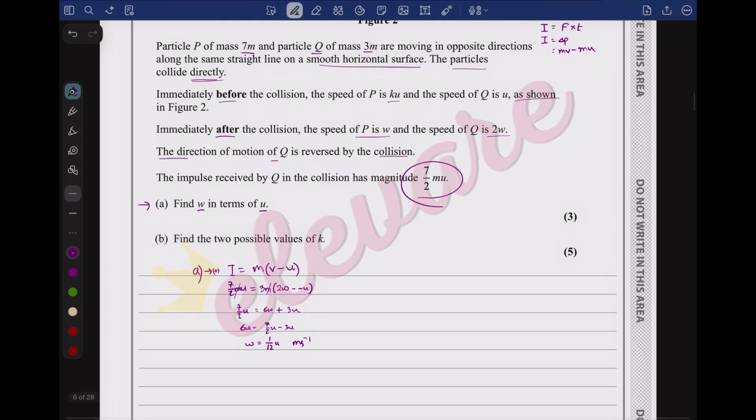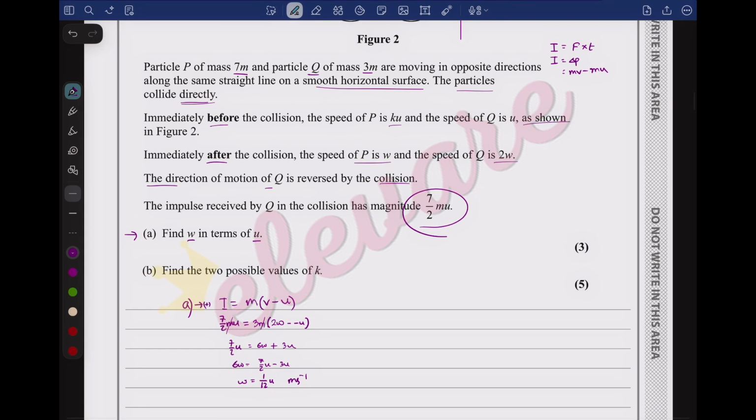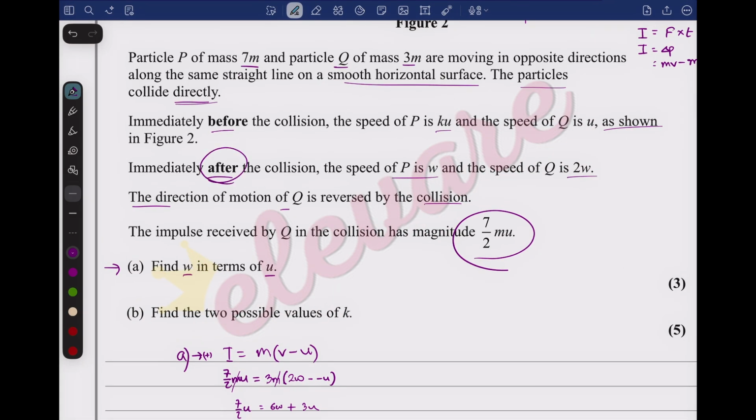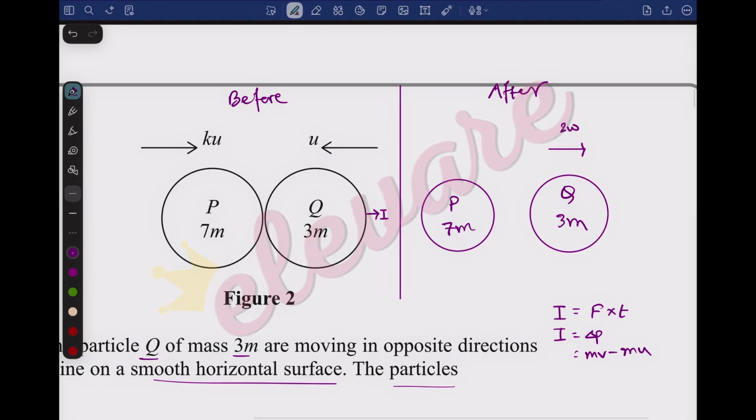Now, notice how they had mentioned that immediately after the collision, the speed of P is w. So we did have the speed of P. It was w, but the only thing that we didn't know was if the direction of motion of P reversed after the collision or not, right? So it could be either to the right or to the left.